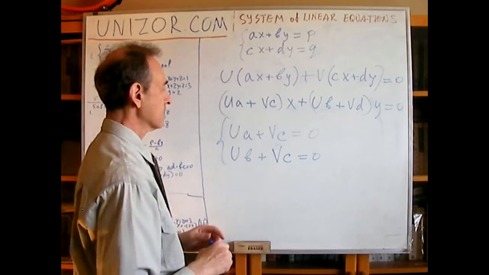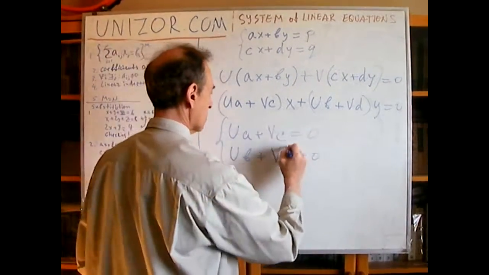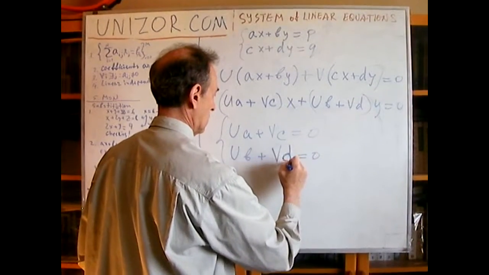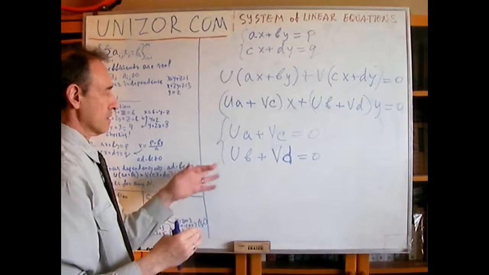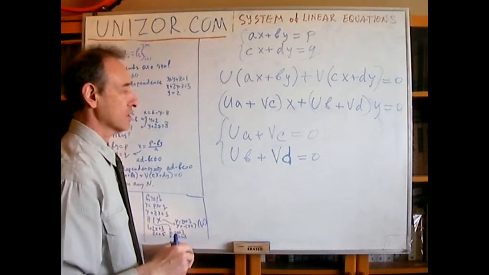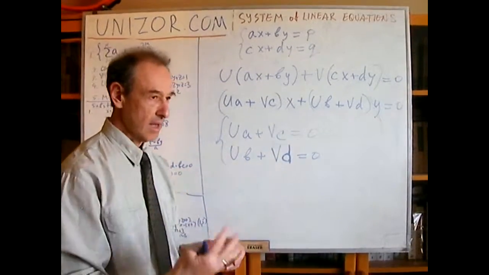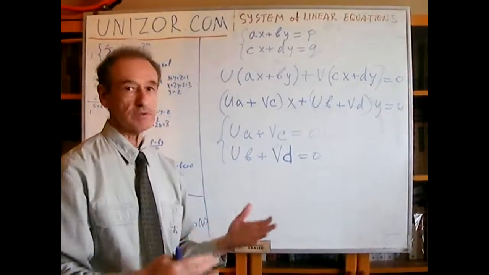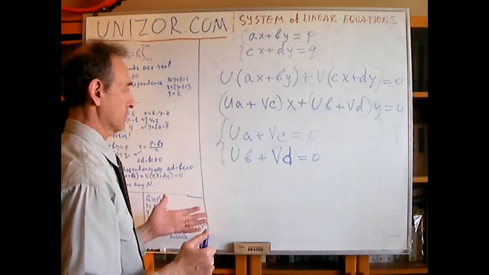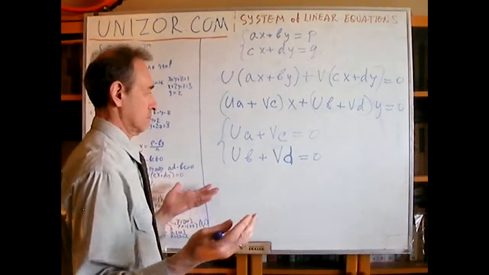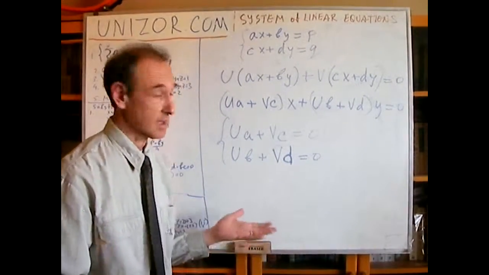Okay, so I know that there is this particular condition. Now, I claim that I can actually find u and v from this particular equation. How can I do it? Well, we can do the substitution method again.